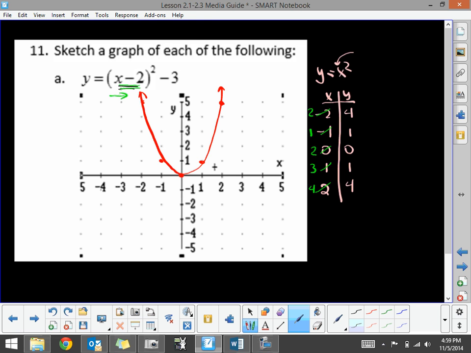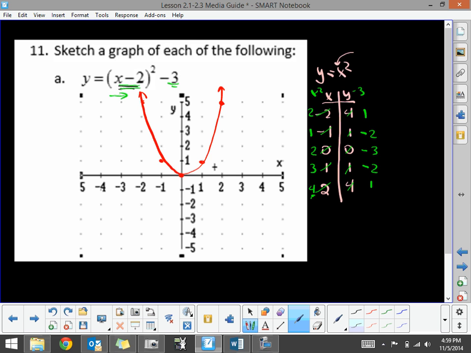This -3 is a y, so we've got to change our y coordinates, so we don't want these to stay the way they are. We want to make sure that we subtract 3 from each of these. So we're subtracting 3 from those, we're adding 2 to the x's, and that'll be our new ordered pair. So 4 minus 3 is 1, 1 minus 3 is a -2, 0 minus 3 is a -3, 1 minus 3 is a -2, and 4 minus 3 is a 1.